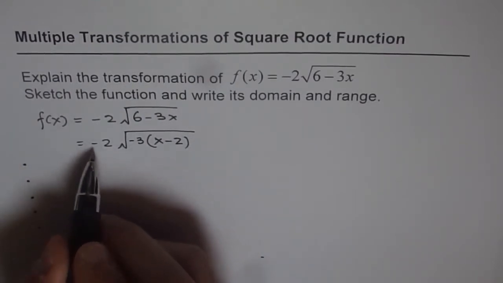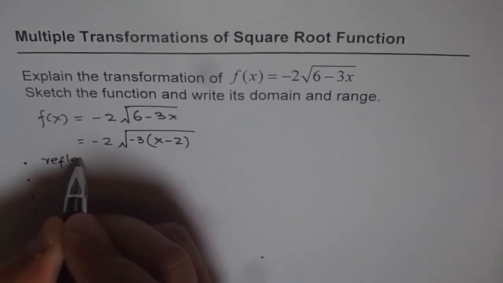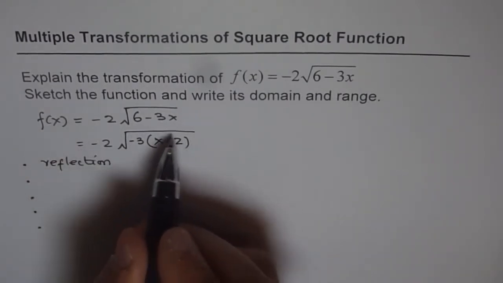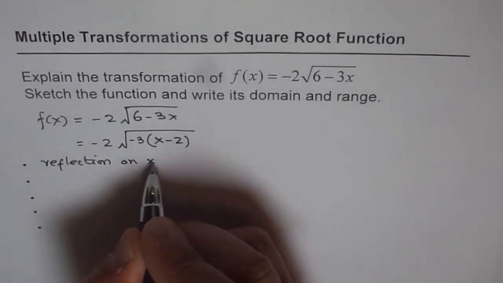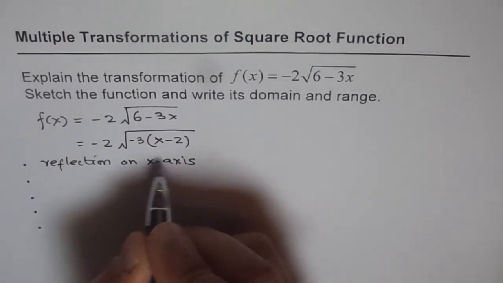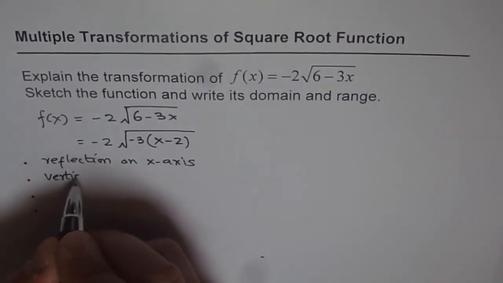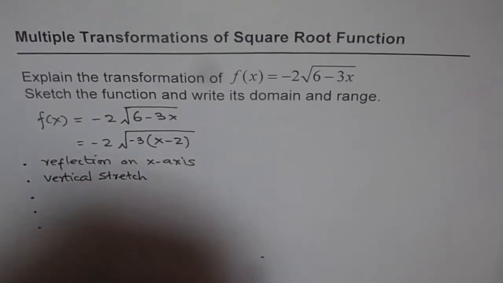So from left we say minus, that is reflection, right? It is reflection on what? It's a vertical reflection. So when it is outside the square root function, it is reflection on the x-axis, okay? That is how it is. And 2 is a vertical stretch. By what factor?